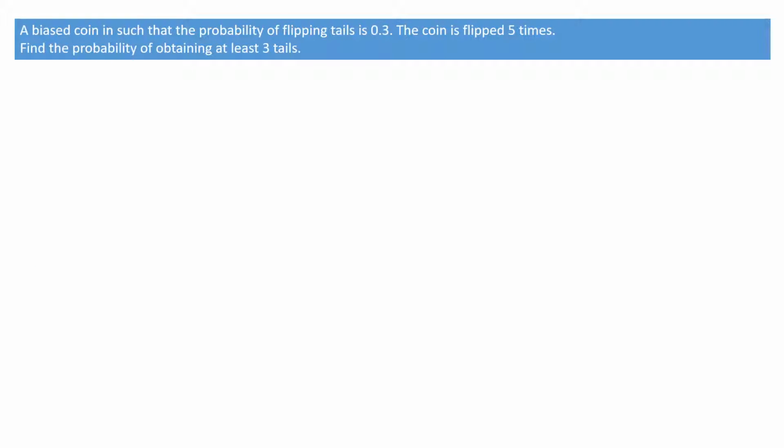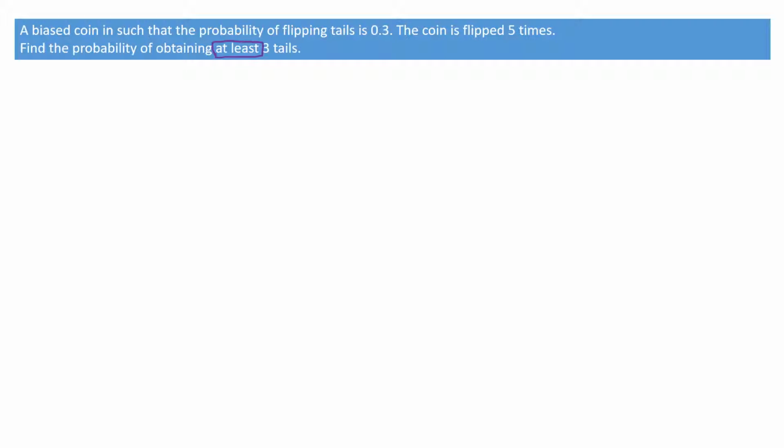We're told that a biased coin is such that the probability of flipping tails is 0.3. The coin is flipped 5 times, and we're asked to find the probability of obtaining at least 3 tails. The first thing to pick up on here, of course, is that we've got our key term at least, which I'm boxing now. This biased coin follows a binomial distribution.